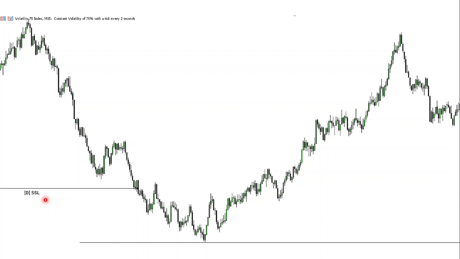Now, price went to sell side liquidity. Notice that we did not break any structure until this point in time here, but there was displacement, which signifies a major structure shift and a change in the order flow.